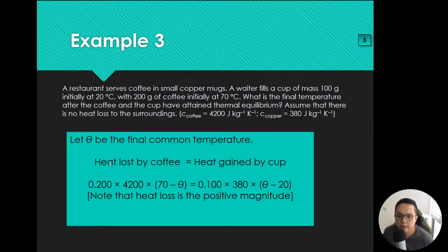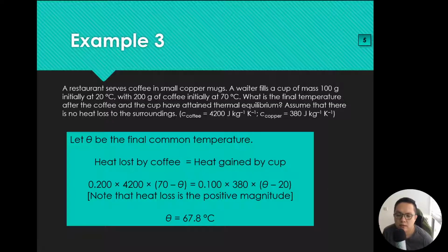When I say heat loss equals heat gain, I'm saying the magnitude of heat transfer by the coffee is equal to the magnitude of the heat transfer by the cup. Once I do some algebra, I get theta equals 67.8 degrees Celsius.